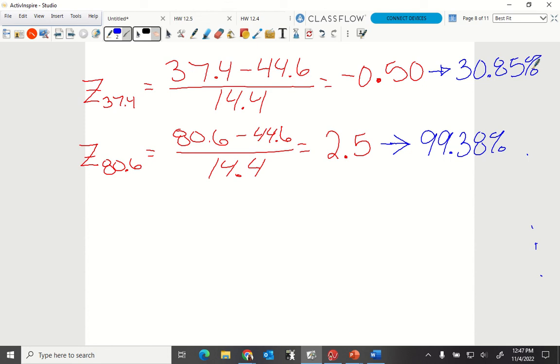Now, since I want to find the difference, I would just subtract: top minus bottom, the higher one minus the lower one. So it's going to be 99.38 minus 30.85. Subtract the lesser percentile from the greater percentile.